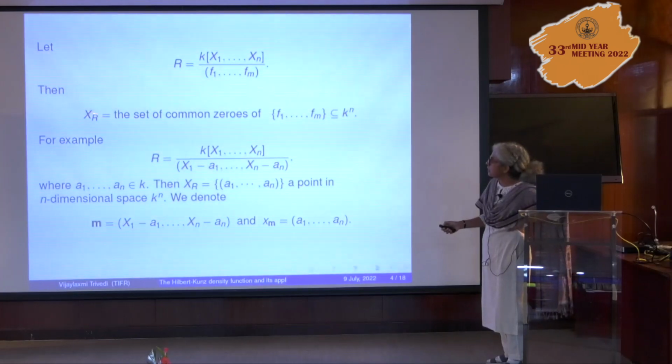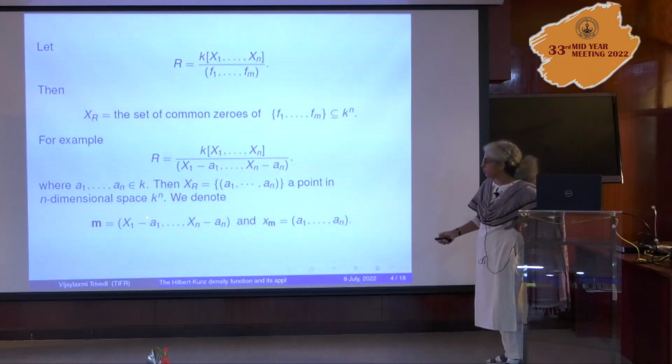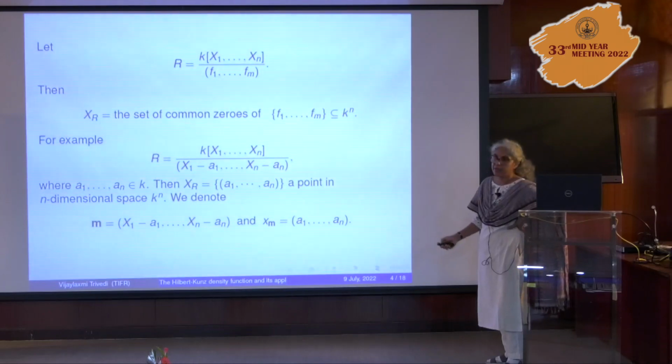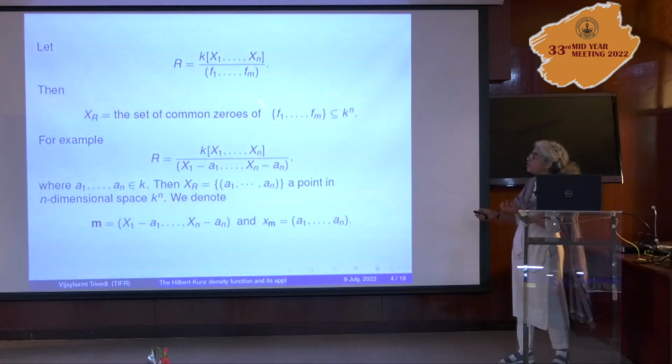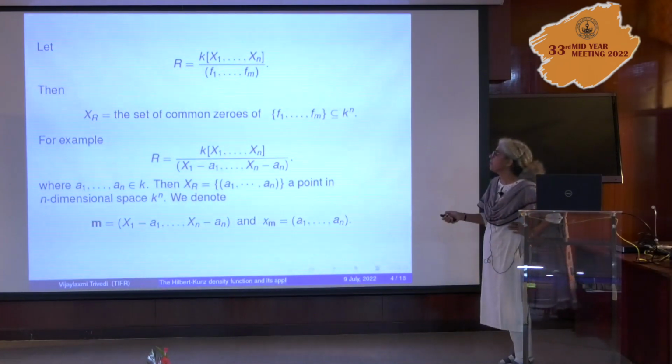Earlier we saw a curve, and X_R was a surface. If I take a point in X_R, say a1 up to an, I can think of that as the common zero of the equations x1 minus a1, up to xn minus an. Because if I look at these common zeros, my point is going to be a1 up to an. So the bigger the number of variables, the smaller the space you're going to get, because you have to take the common zeros of that bigger variety.